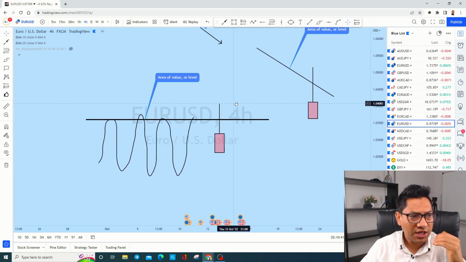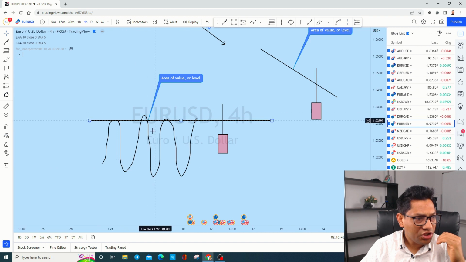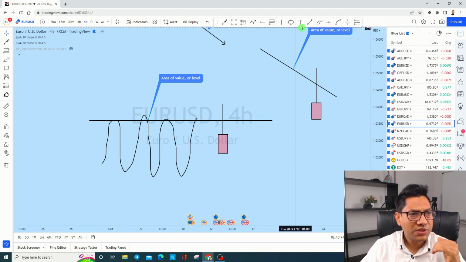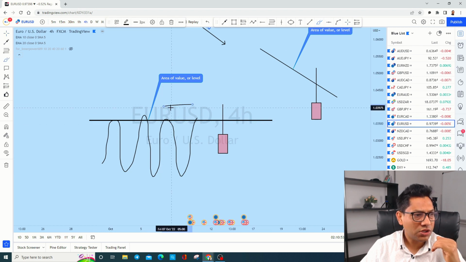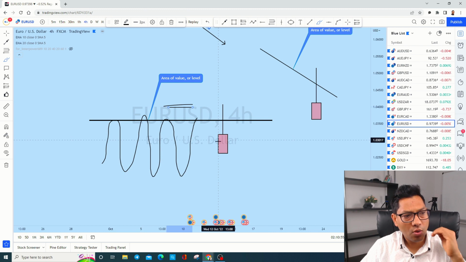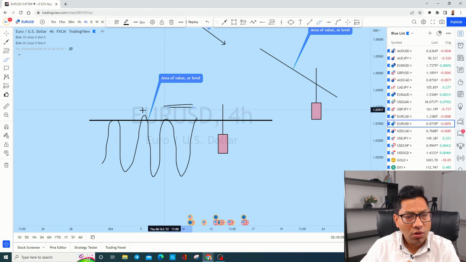Because when you see liquidity, that means that when the price was ranging in this zone, a lot of sellers sold this market, and when they sold, retail traders' stop loss is here above this level. Now when you see one candle has gone up, hit all these people's stop loss, all those sellers turn into buyers, because when you sell, your stop loss is a buy order.